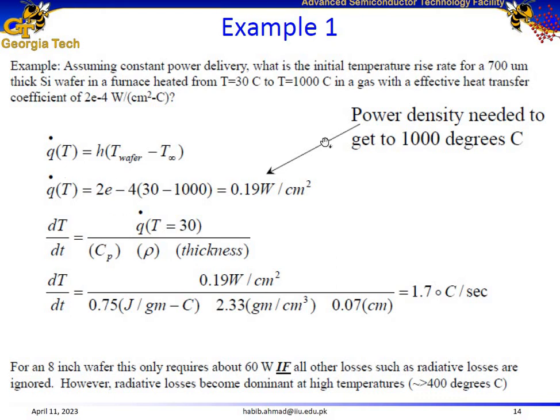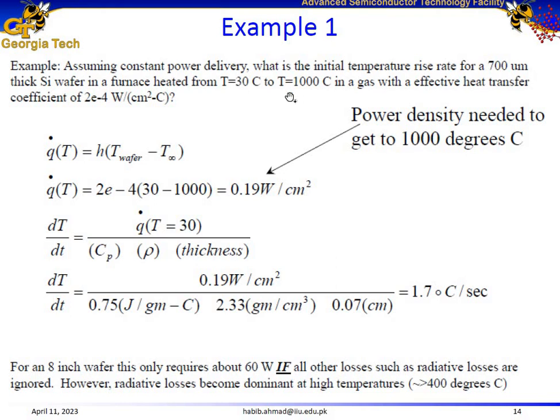So now we have to calculate the initial temperature rise. As I already told you, the annealing is performed at 1000 degrees C, but first we have to increase the temperature from room temperature, which we assumed is 30 degrees C, to 1000 degrees C. That is going to take a certain amount of time, and it will have a specific rate.